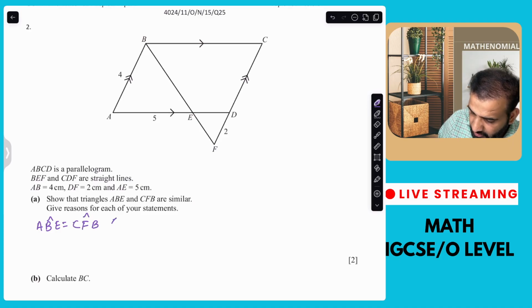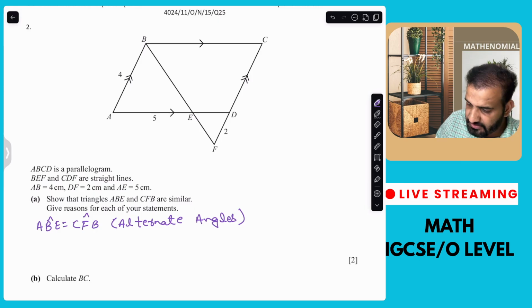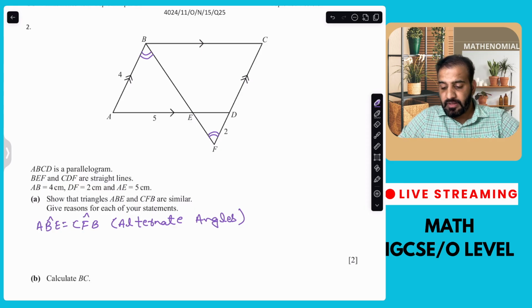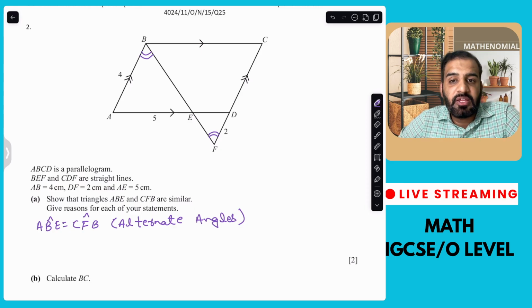I would say alternate angles. These two angles are equal.